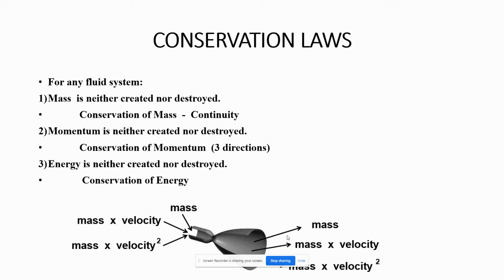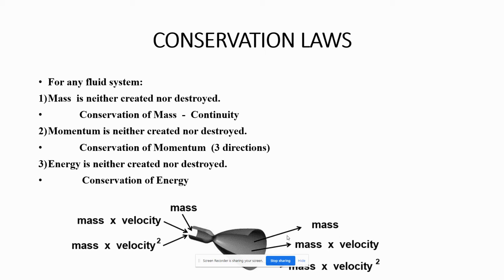If 5 kilograms of air per second is entering the nozzle given below and only 3 kilograms of air per second is leaving the nozzle, it tells us some amount of air is accumulating inside the control volume. Here, the control volume is the nozzle. So 2 kilograms per second of air is accumulating inside the control volume.